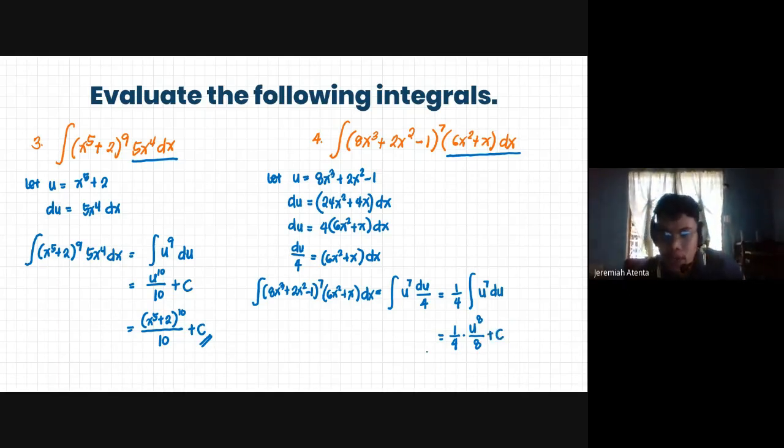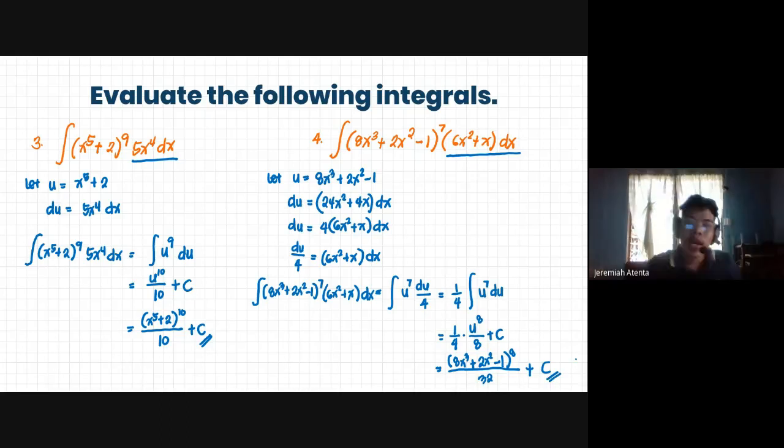And this is now equal to, simplify lang natin, u is 8x cubed plus 2x squared minus 1. So we have 8x cubed plus 2x squared minus 1 to the power of 8. So, ayun. Then 4 times 8 is 32 plus c. And this is now our final answer.